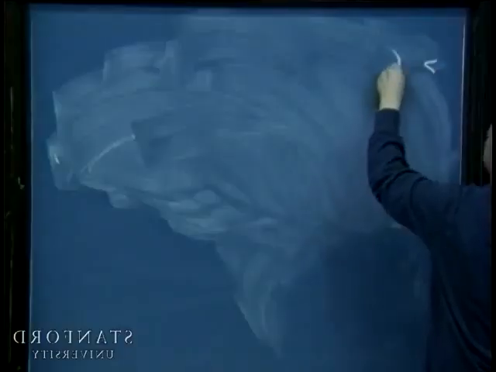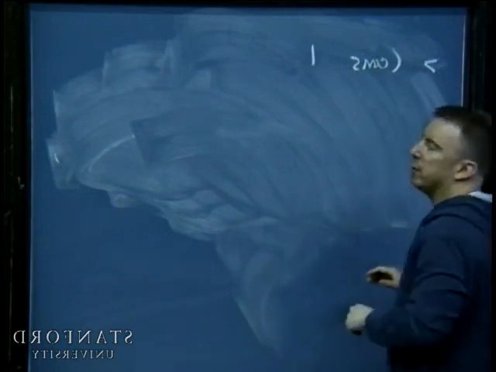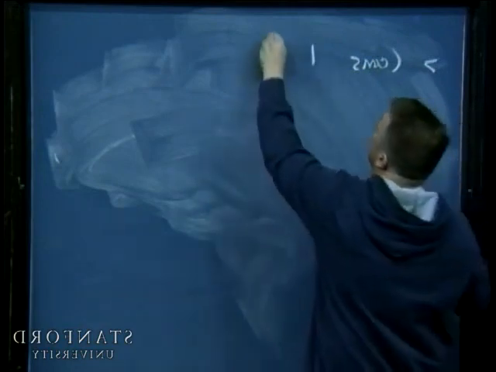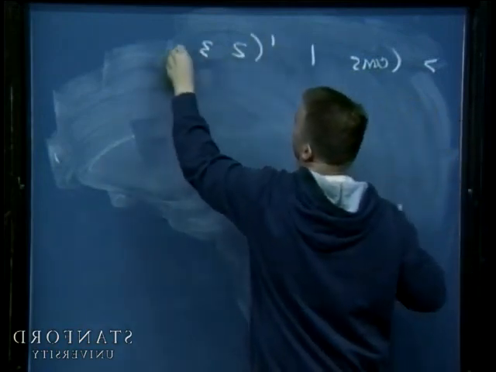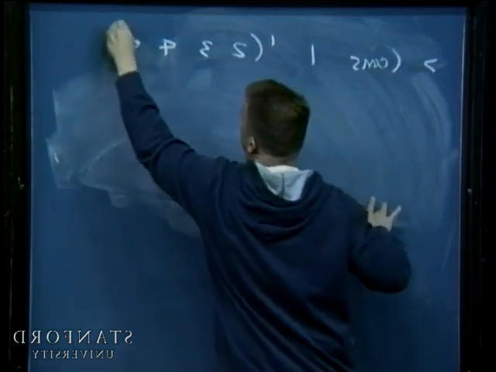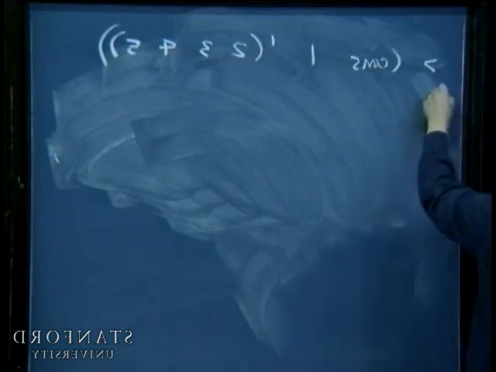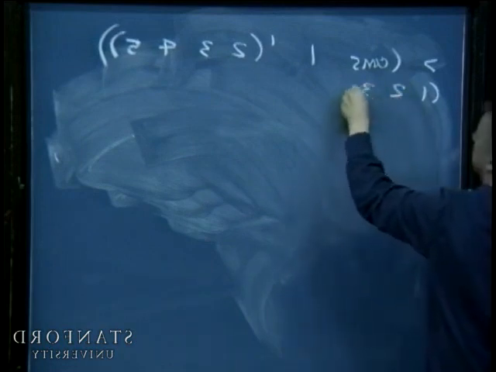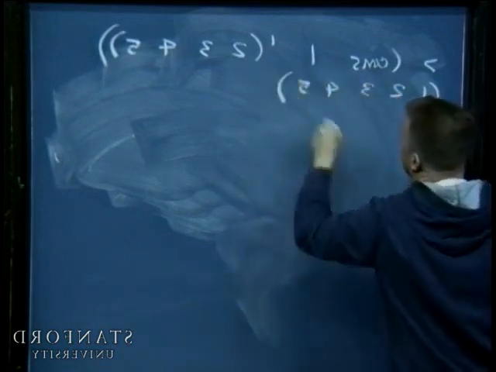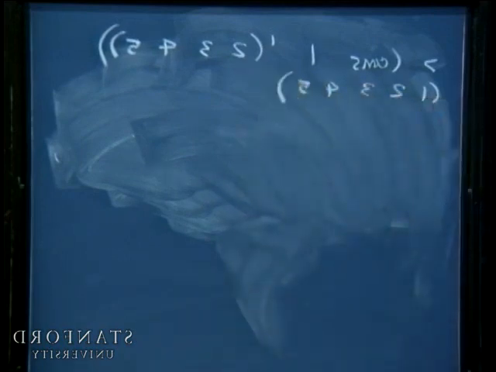If I, at the prompt, do this, cons, and I say 1, which evaluates to itself, on the list 2, 3, 4, 5. Cons is short for construct. It actually synthesizes a new list for you, and it would return this. So cons is always supposed to take two arguments.